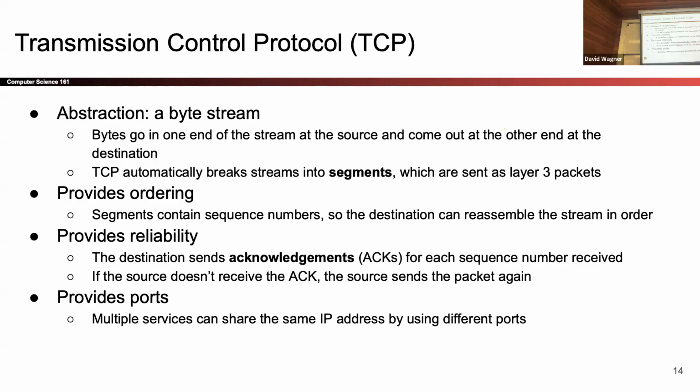Okay, so one thing a man in the middle can certainly do is just block the connection, terminate the connection. An example would be the Great Firewall of China, which does censorship. If you connect to some websites they don't like and send some data they don't like, they might just end the connection. So a man in the middle could certainly end the connection early and block any further data.